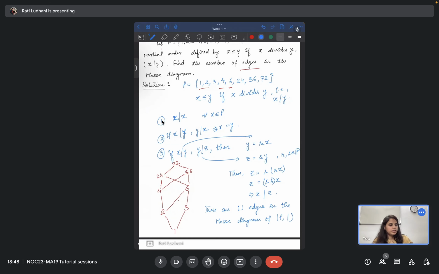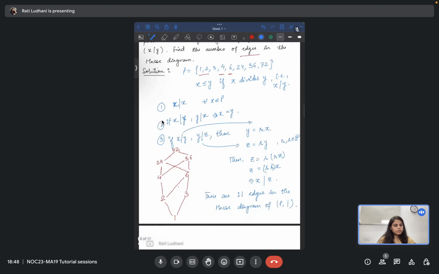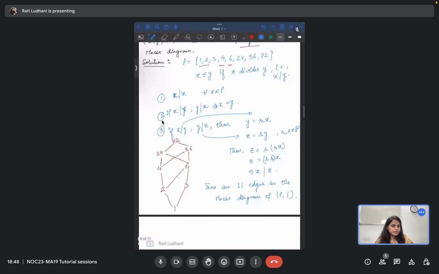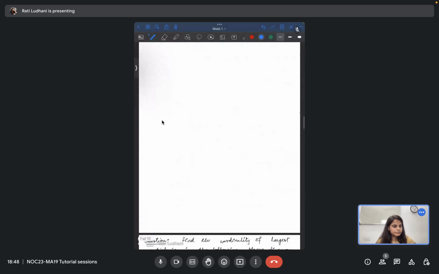Okay, very good. So just remember, you put the edges only if it covers the other number. That's why the count is important.